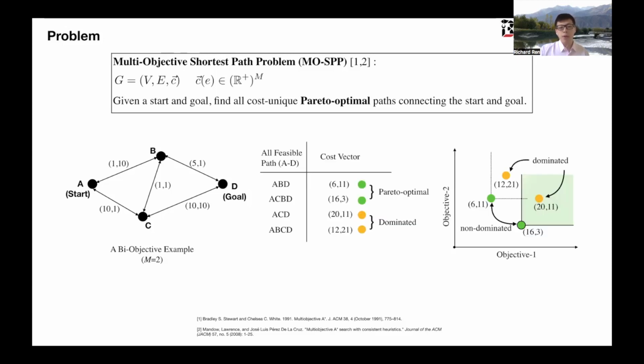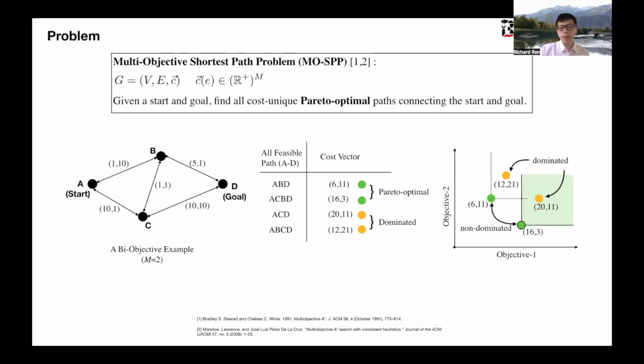A path is Pareto optimal if we cannot improve over one objective without deteriorating at least another objective. For example, in this graph from node A to D, there are 4 feasible paths. And among them, path ABD and ACBD have Pareto optimal, or say non-dominated, cost vectors, which are marked as the green dot in the figure on the rightmost side of the slide.